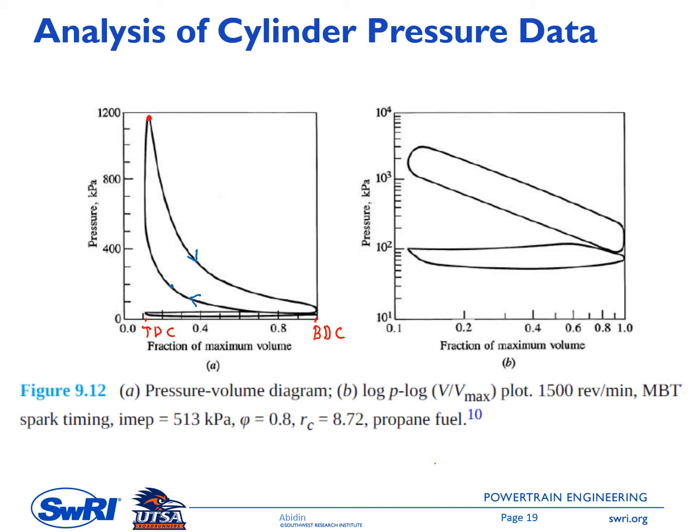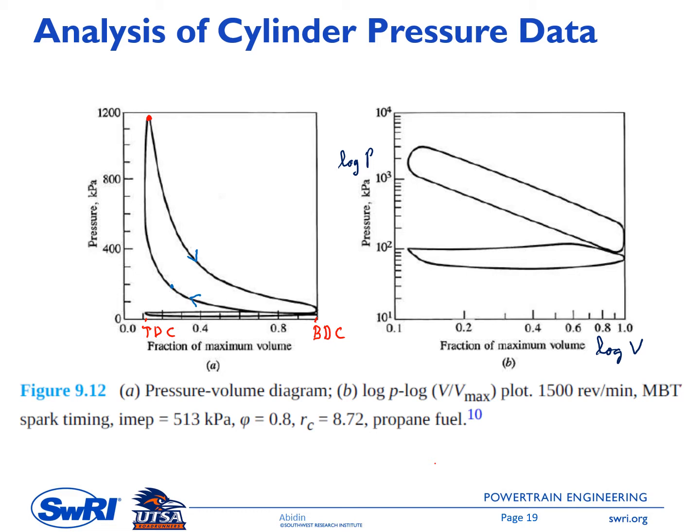On the right side, we have the PV diagram as well, but in this case the vertical and horizontal axes are in logarithmic scale. So we have log P for the vertical axis and log V for the horizontal axis.